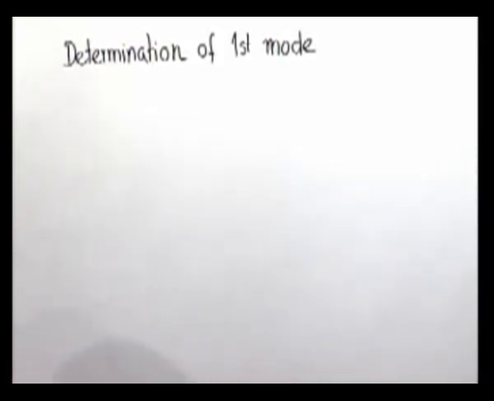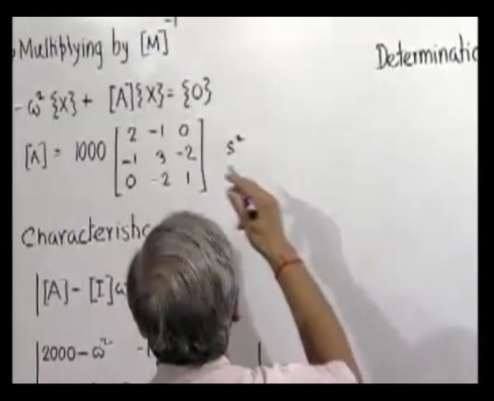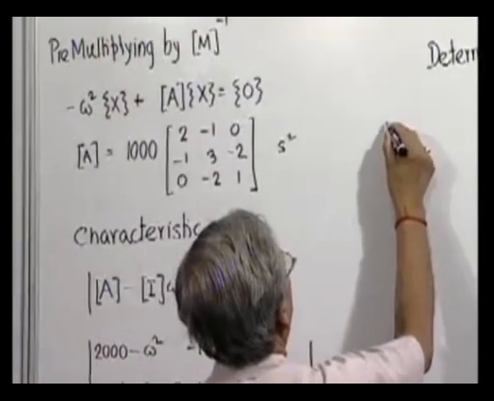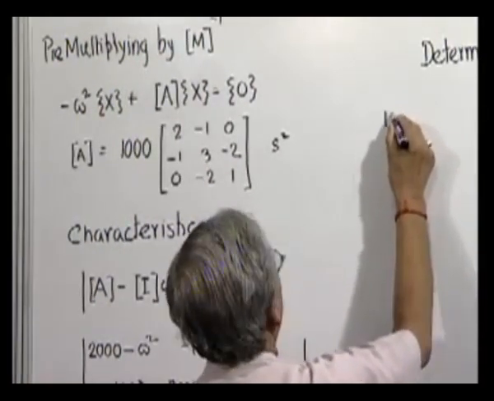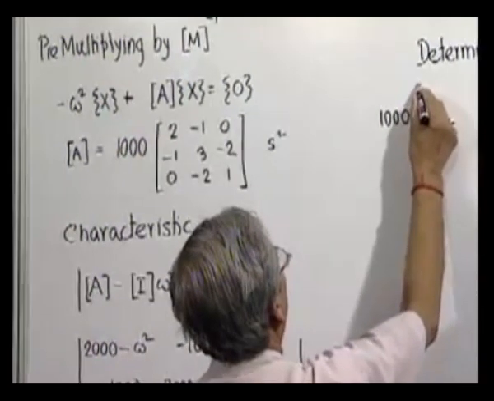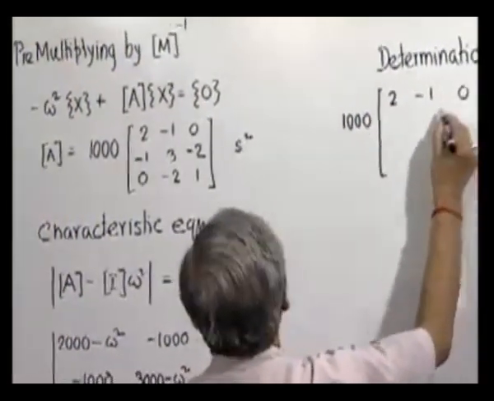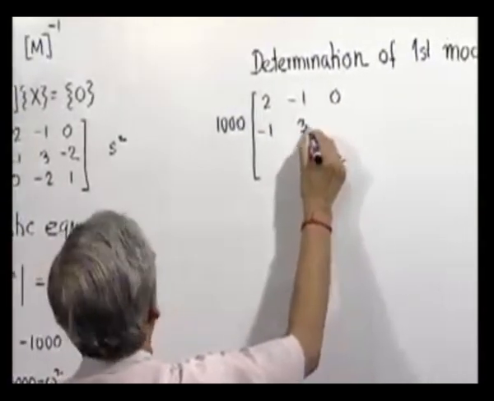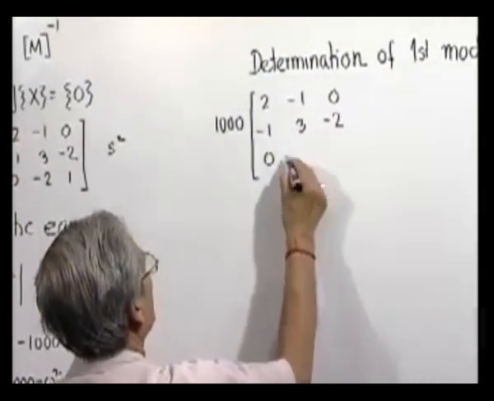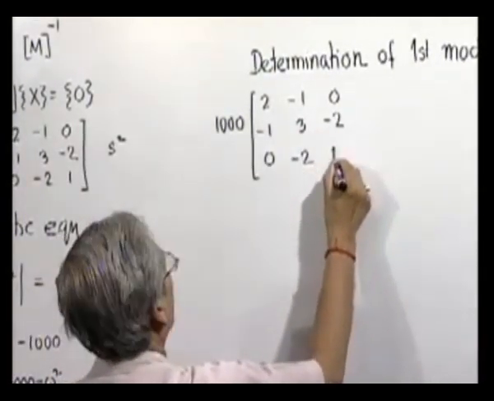So we have seen the equation, where A is this, 1000 times 2 minus 1 0, minus 1 3 minus 2, 0 minus 2 1.